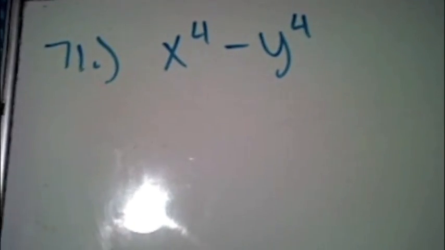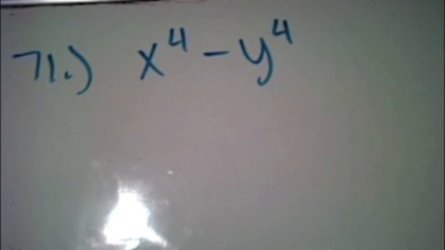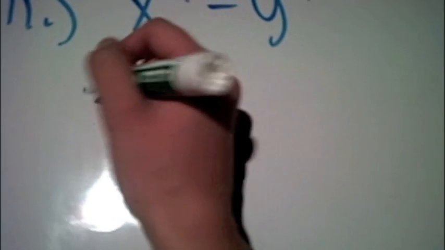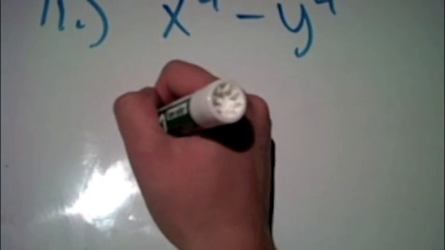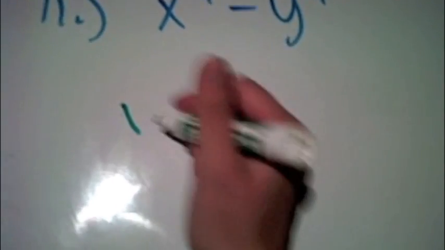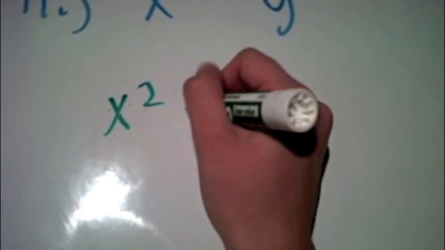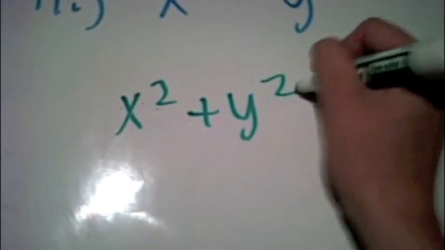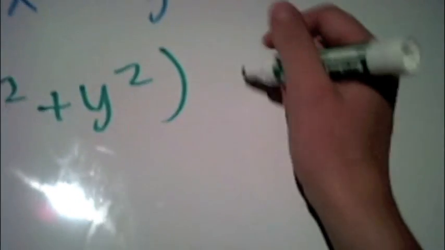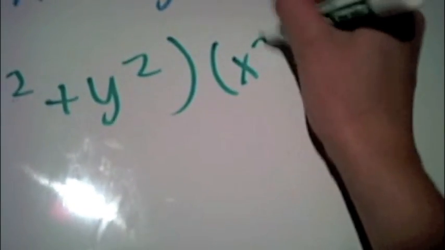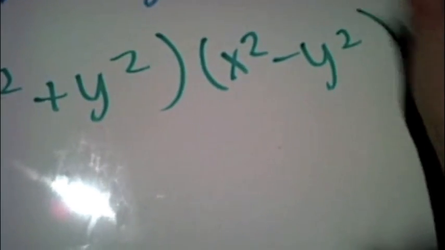We need to factor out this problem. This one has one more step, but it's still very easy. First, since it's a difference of squares, you do x squared plus y squared and x squared minus y squared.